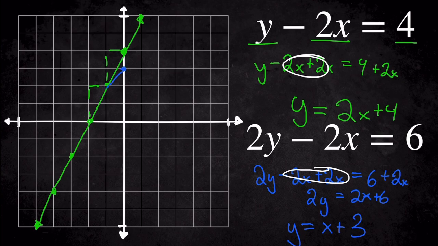And then we rise 1, run 1. And now we draw the line. So right here would be the solution for this system of linear equations, and that is (negative 1, 2).